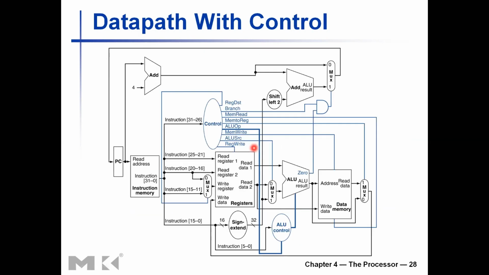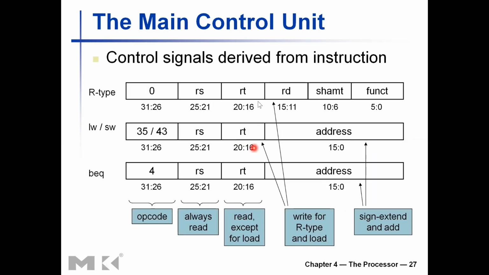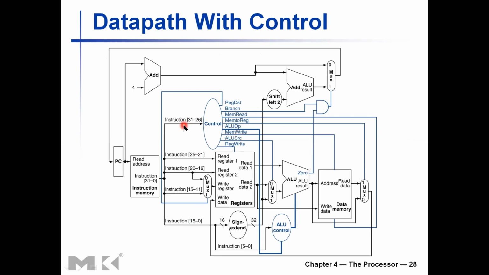That is in the case of a load word instruction. And in the case of an R-type instruction, we are taking bits 11 to 15.